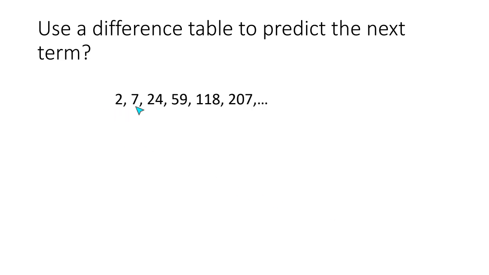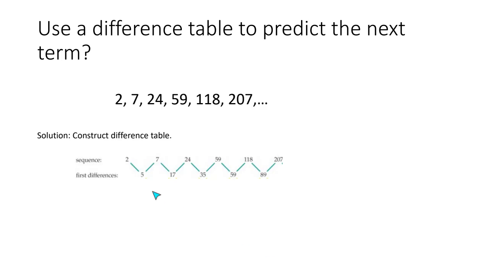So to start the first difference, we would say 7 minus 2, 24 minus 7, and so on. So you should have something like this. So 7 minus 2 is 5, 24 minus 7 is 17, 59 minus 24 is 35, 118 minus 59 is 59, and 207 minus 118 is 89.